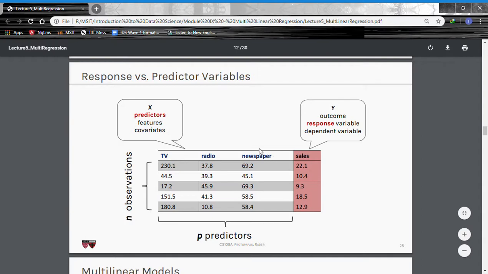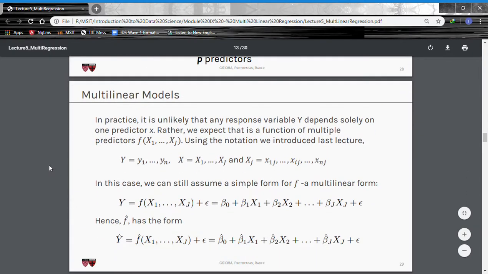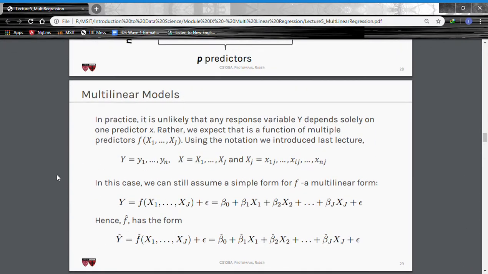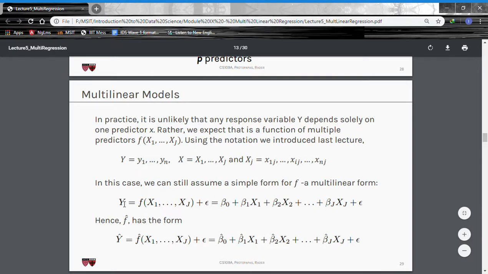Here is another example. Here TV and radio are the predictors, whereas we are finding the response sales, Y, and we know the general model equation is Y equals f of X plus epsilon.